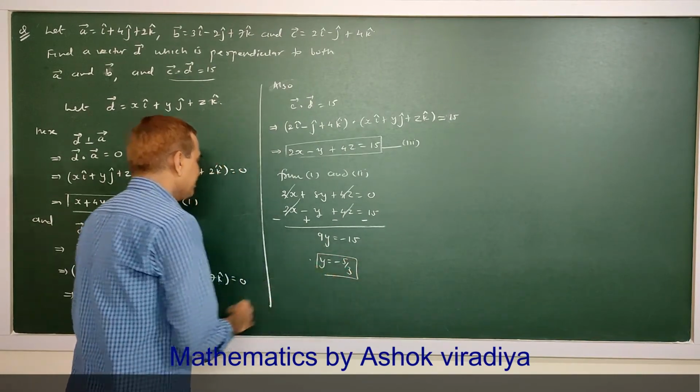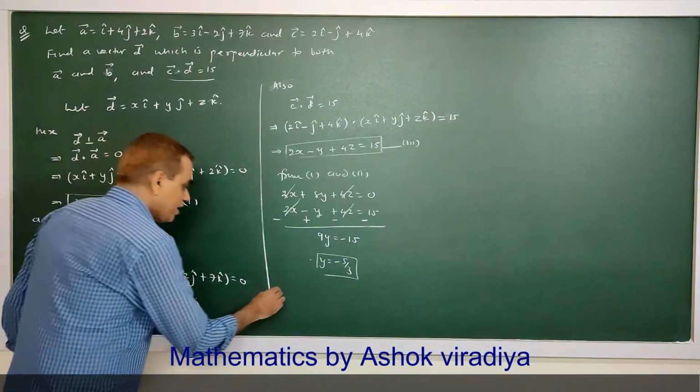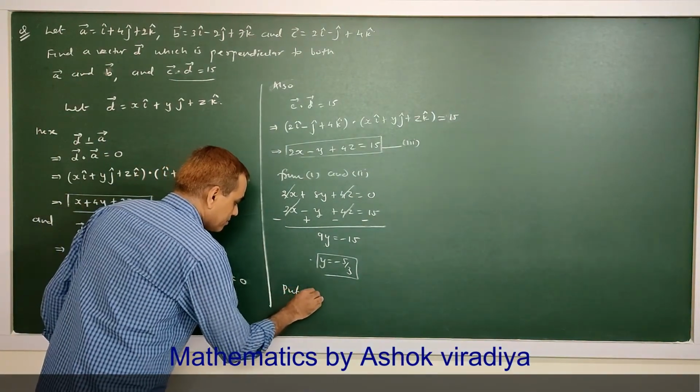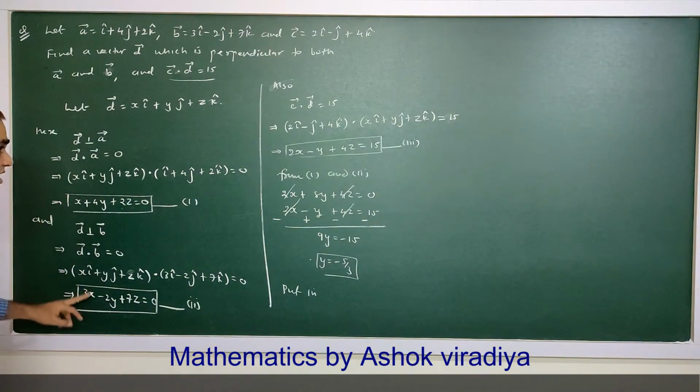So y is obtained. Y is minus 5 by 3. Now we put this value in two equations, so we can get two equations in x and z. Let me put it in 1 and 2.